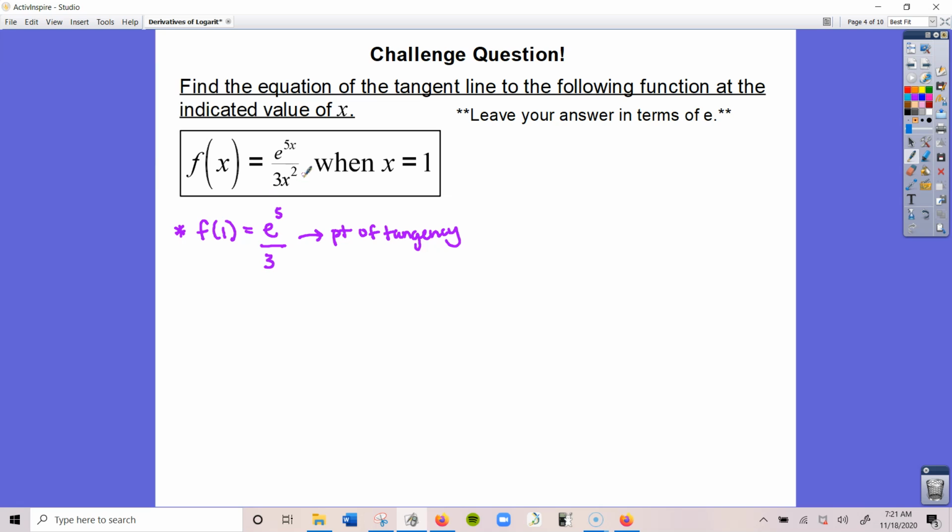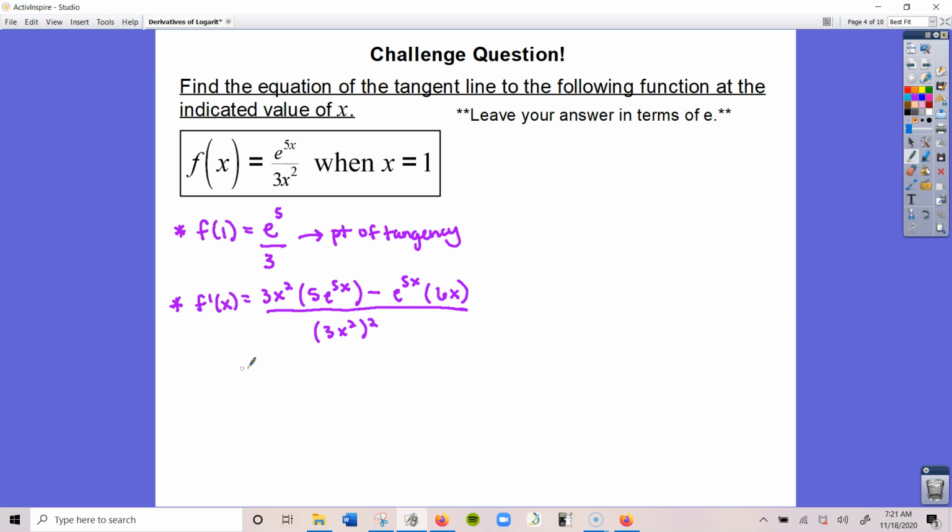Since this is a division problem, that means we're going to have to use the quotient rule. So f prime of x is going to equal 3x squared times the derivative of the numerator, which is 5e to the 5x, minus e to the 5x times the derivative of the denominator, which is 6x, all over 3x squared squared.